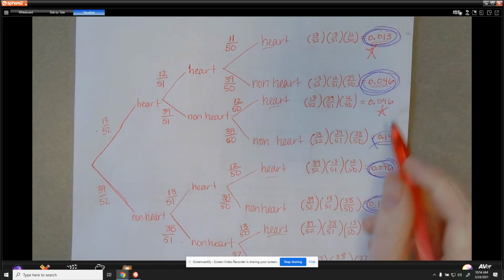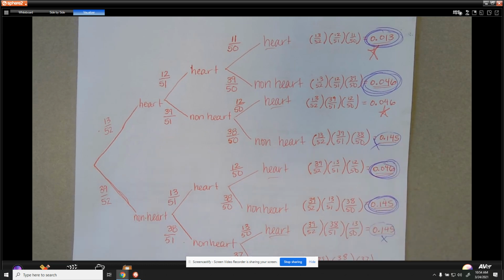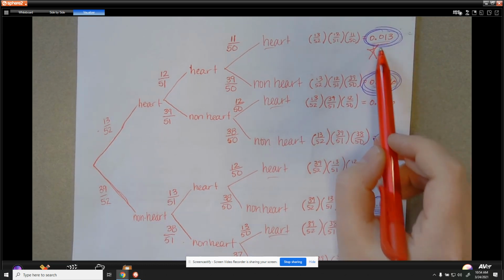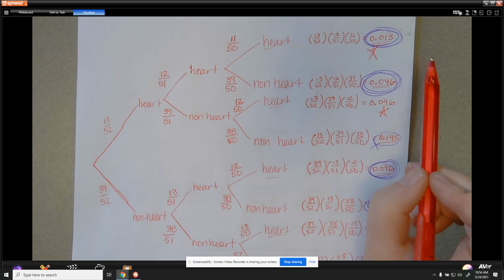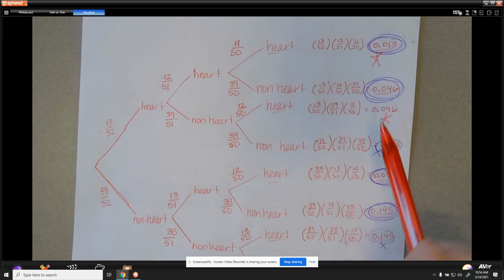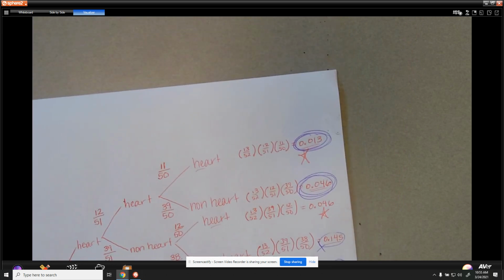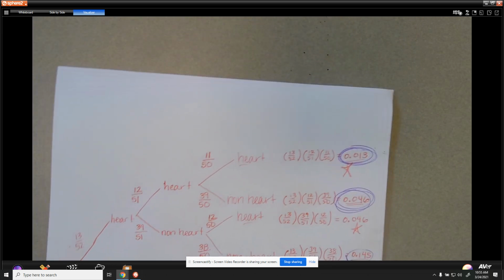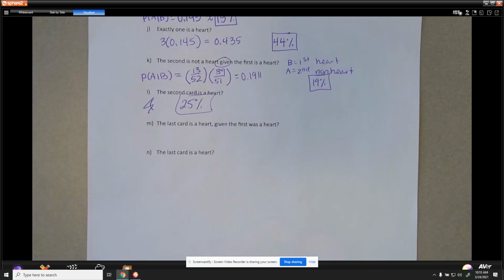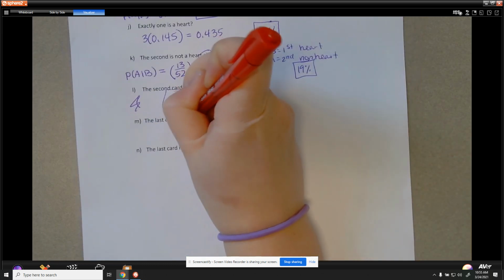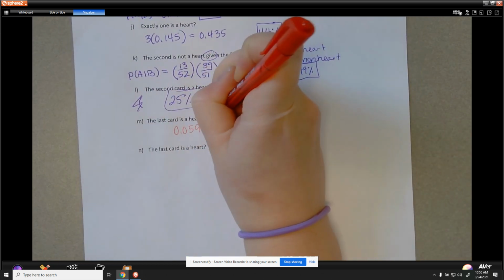That could be this one and not that one. So I'm going to add these probabilities. 0.013 plus 0.046, and that would be it, given that the first is a heart. So we have about a 6% chance of that happening. It is 0.059, which is about 6%.